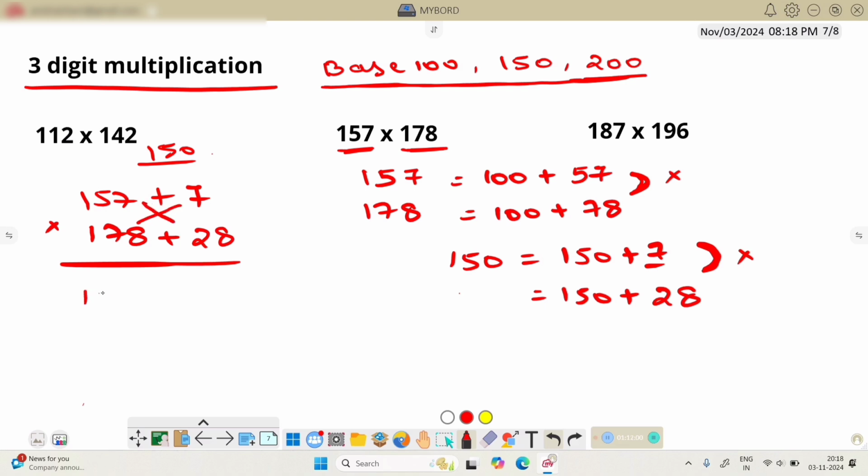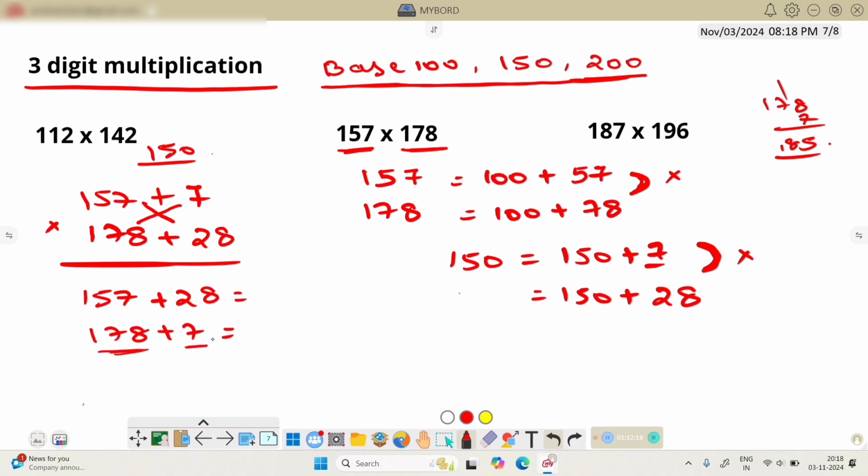Okay, 157 plus 28 or 178 plus 7, this will give you the same answer. So for simple calculation, you just add 7 to 178. Okay, so if you add 178 plus 7, you will get the answer 185. So here the base is 150.